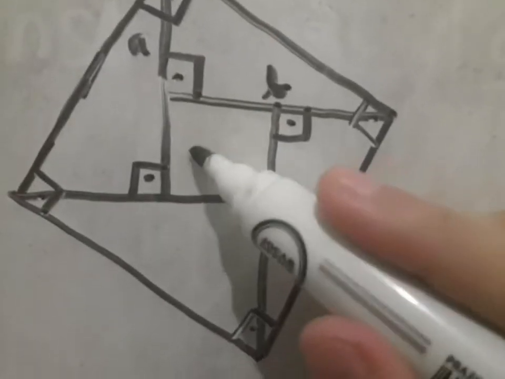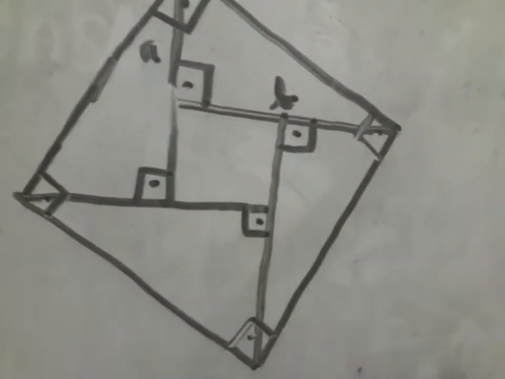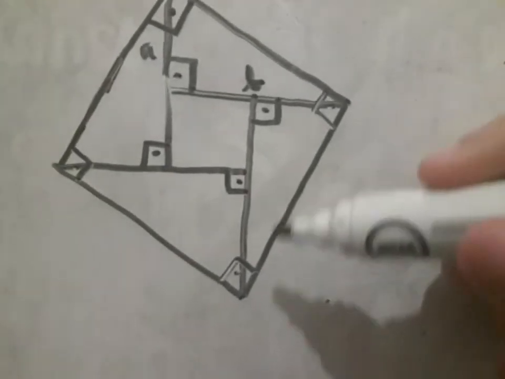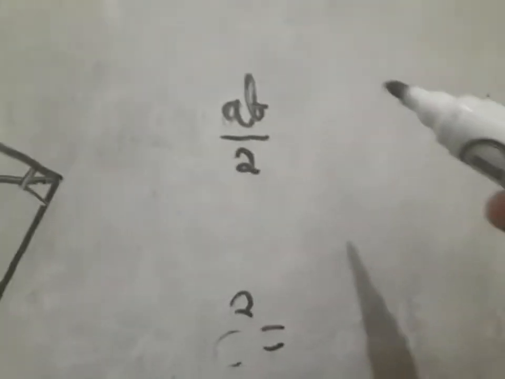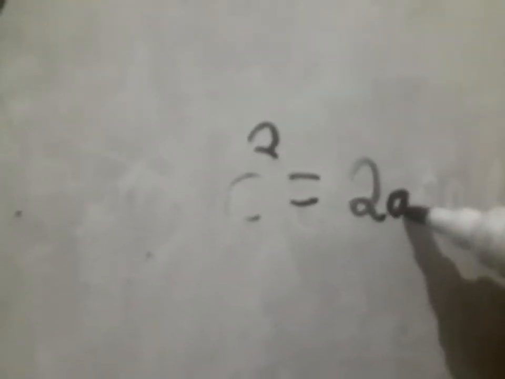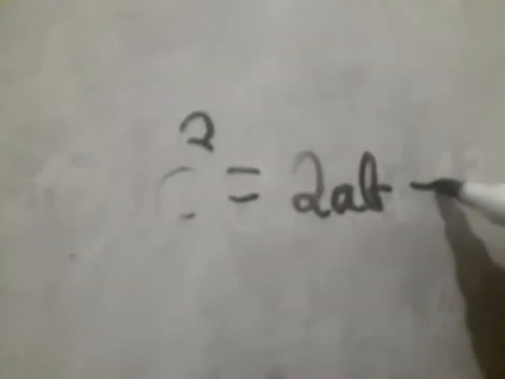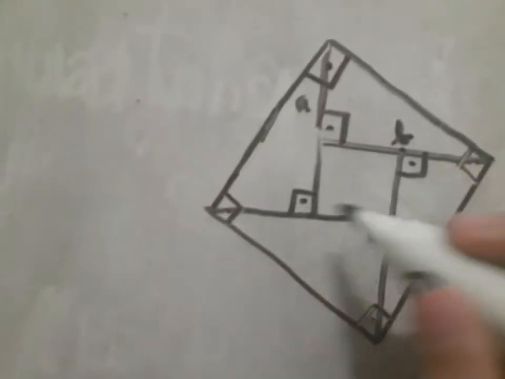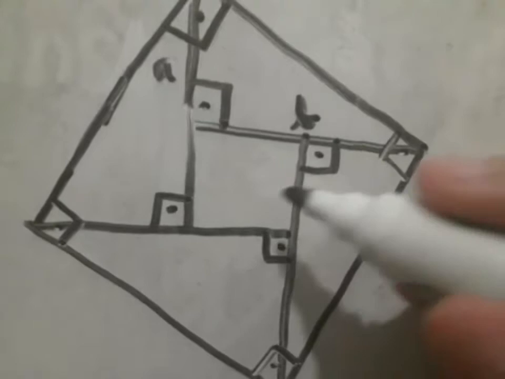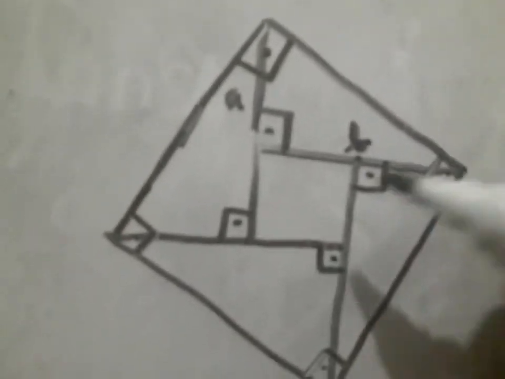But we need to find the area of this bigger square in the center. We know the area of all these triangles is that, so we just need to multiply that by 4, and that's going to give us 2ab, plus this smaller square in the center. How are we going to find the area of this square?